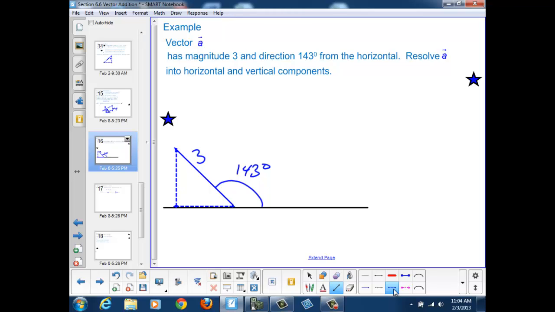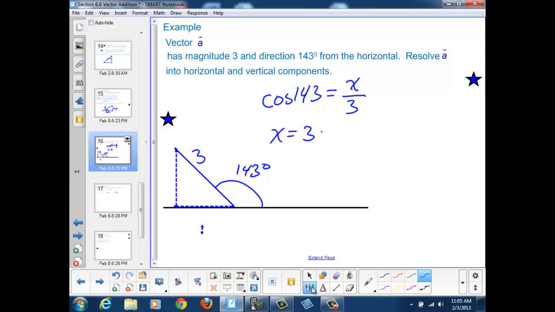Well, since we've created this right triangle with a hypotenuse, we can use SOHCAHTOA. The cosine of 143 would equal our horizontal information over our hypotenuse. So our horizontal would be 3 times the cosine of 143.